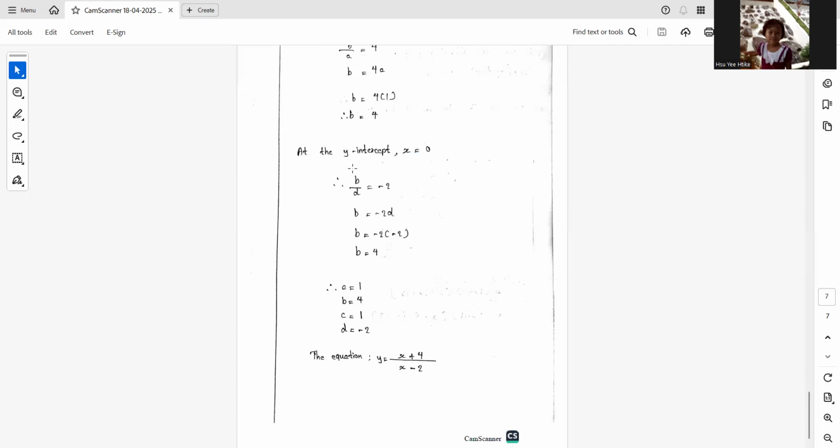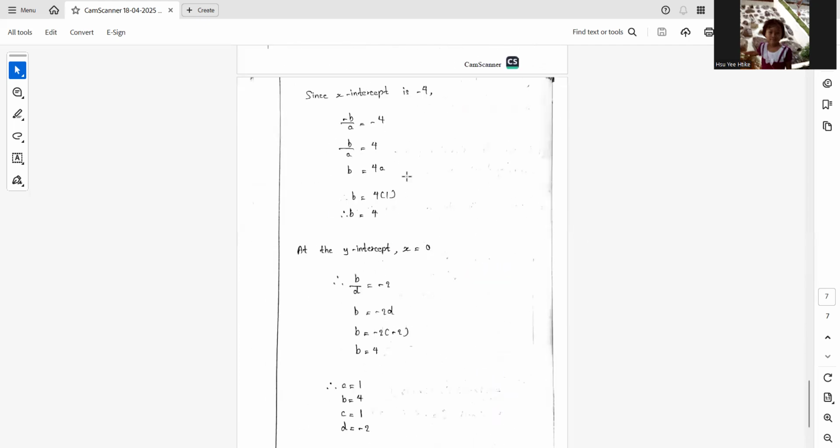At the y-intercept, x is equal to 0. So b over d is equal to -2. b is equal to -2d. And we have to substitute the value of d, which is -2, here. So the value of b becomes 4.